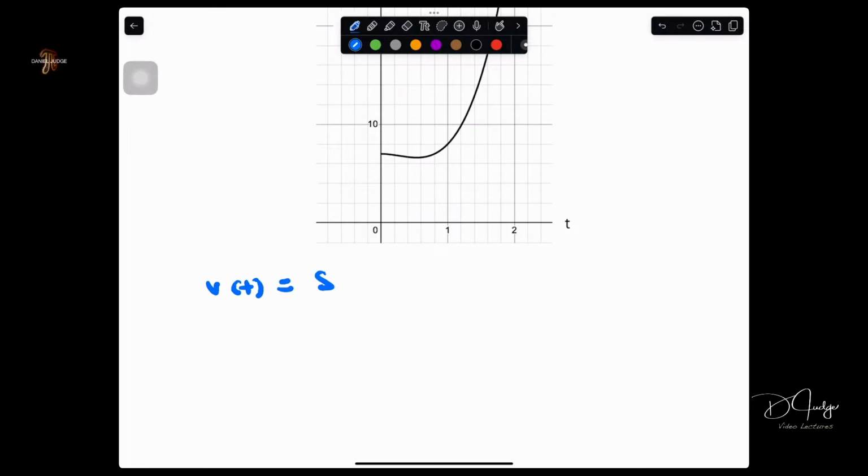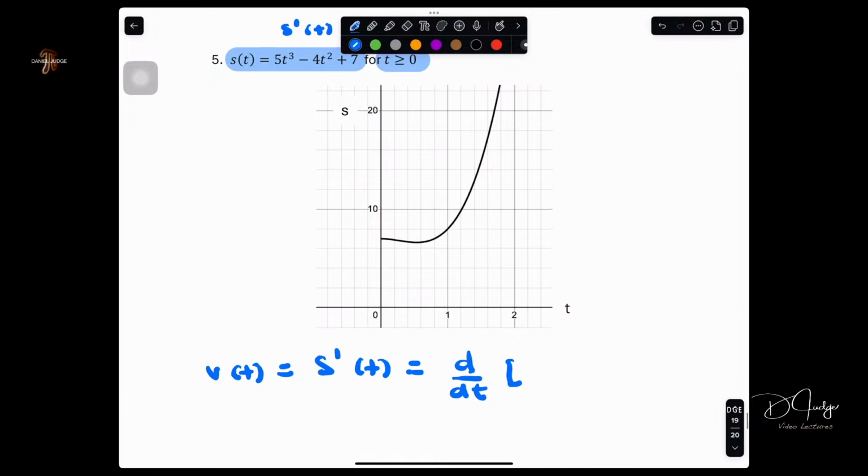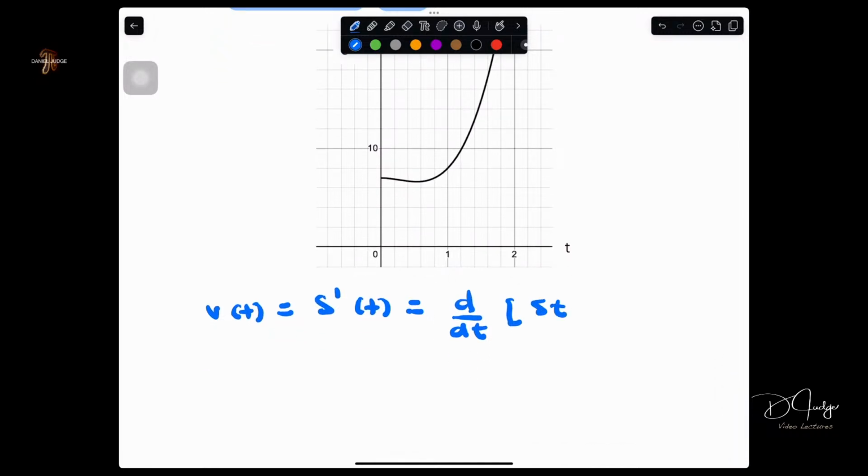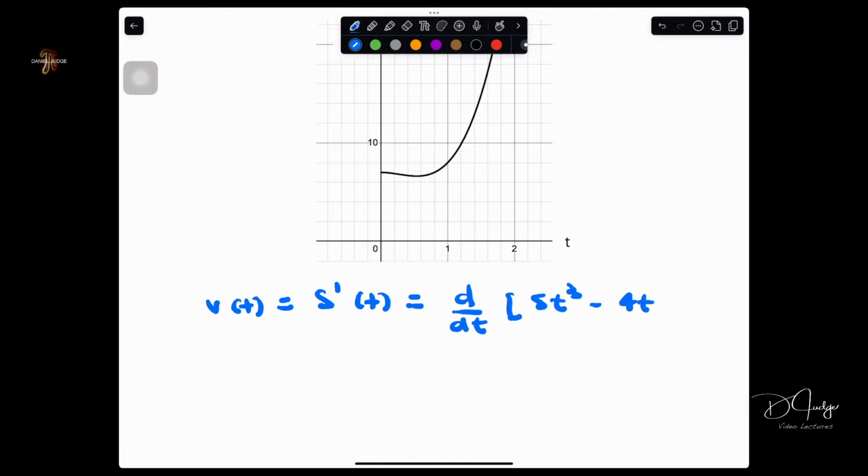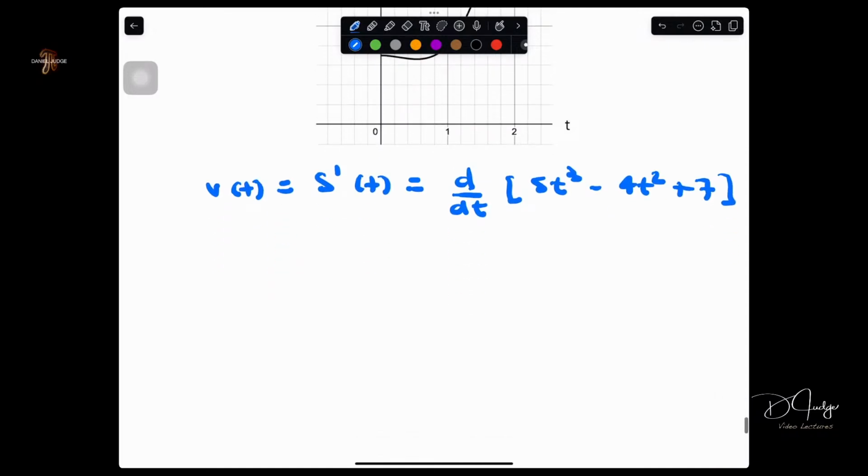Velocity, which is s prime t, is the derivative of your position function, 5t cubed minus 4t squared plus 7, which becomes 15t squared minus 8t. We can write that as s prime t or velocity, v of t, doesn't matter.